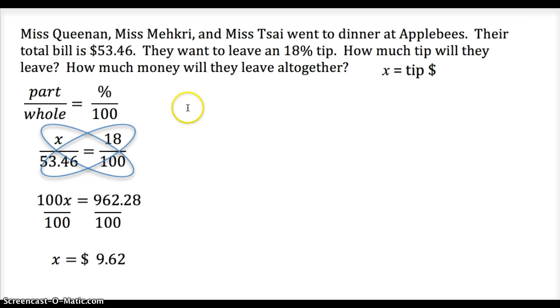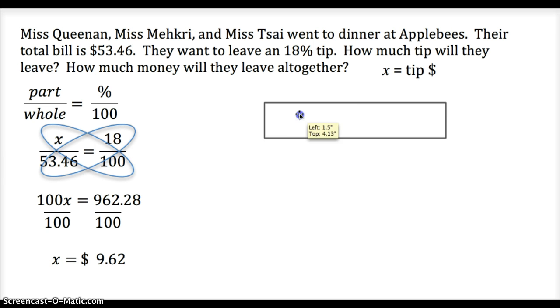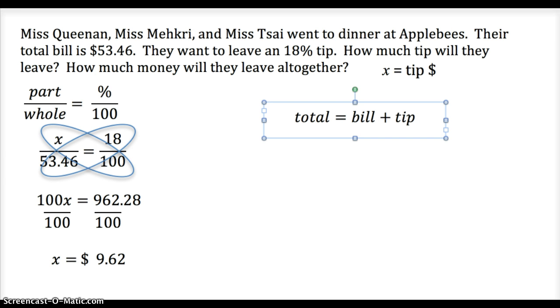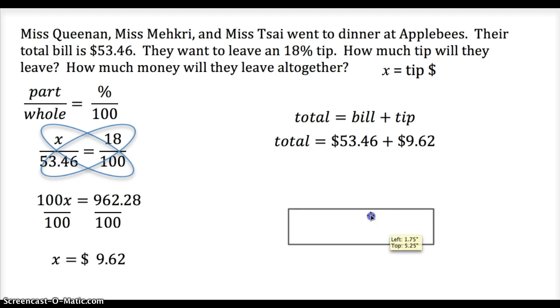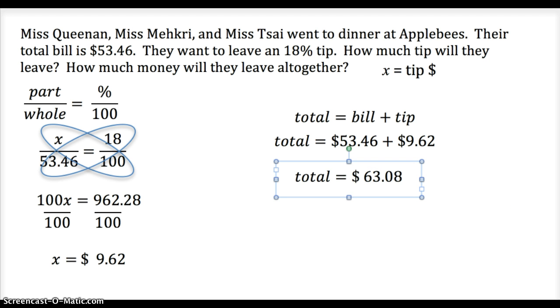Now we're looking for how much money they will leave altogether. We said before, the total is the bill plus the tip. So now you plug in. Our bill is $53.46, and the tip we just determined is $9.62, and you add them together. When you add them together, you get $63.08.